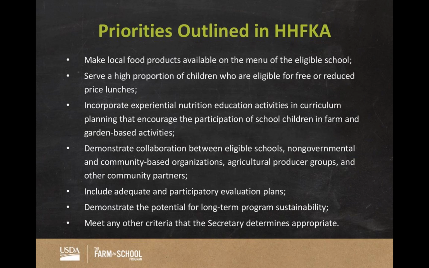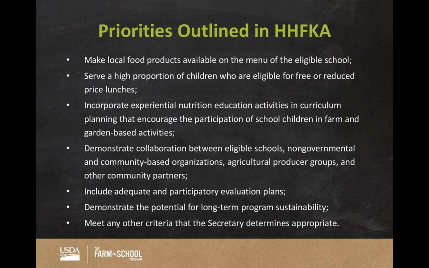So a lot of the priorities that really guide the work that is done by the Farm to School program are also outlined in the Healthy Hunger Free Kids Act. So a couple of them that I just wanted to highlight today is that we really want to make sure that we make local food products available on the menu of eligible schools. We want to make sure that we're reaching schools that are serving a high number of free or reduced price students.